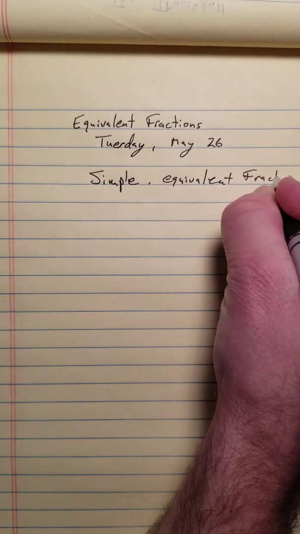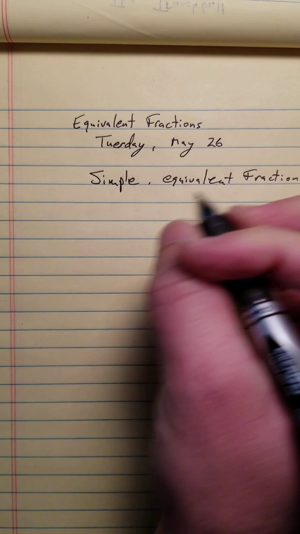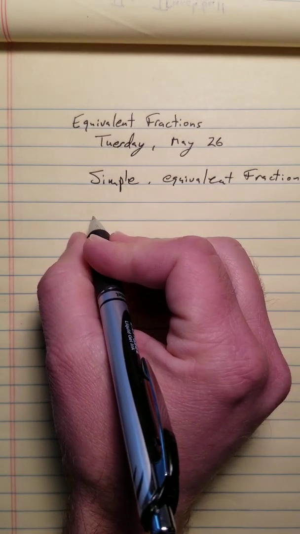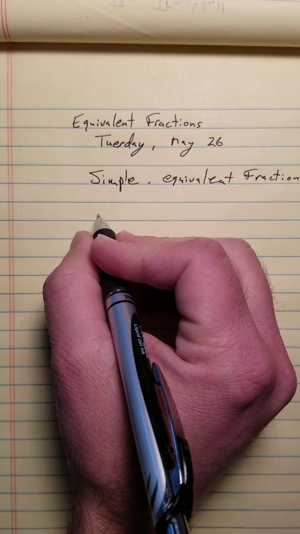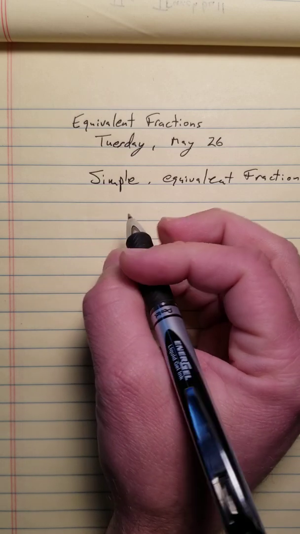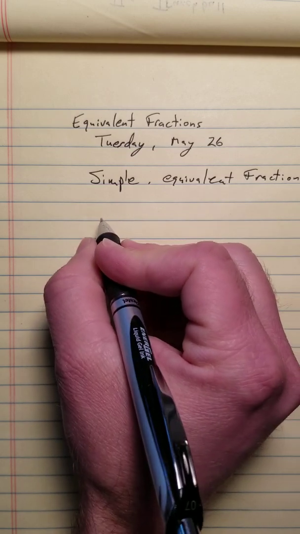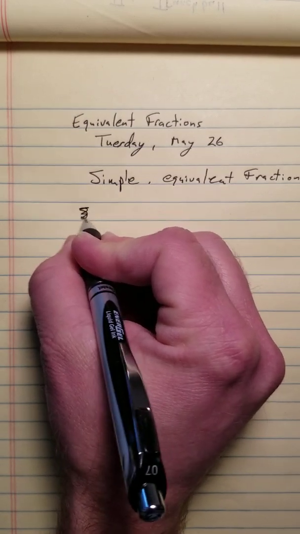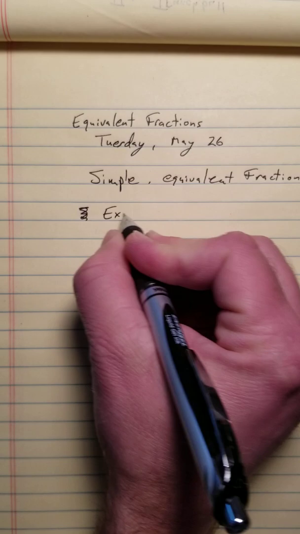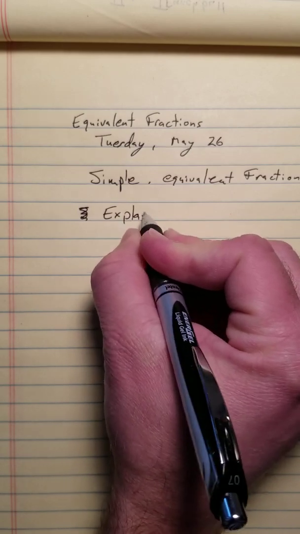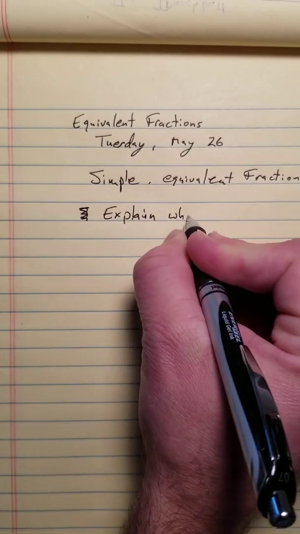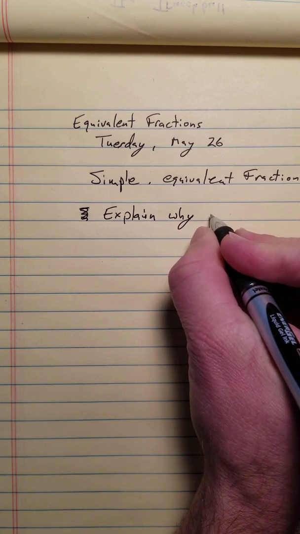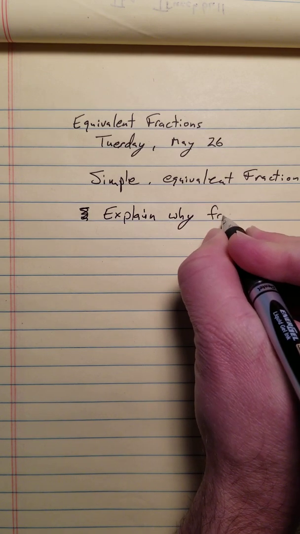That's our target today, and our success criteria is that we can make them and explain why fractions are equivalent, okay? So, explain why. Oh, I'm so sorry about my handwriting. Why fractions are equivalent.